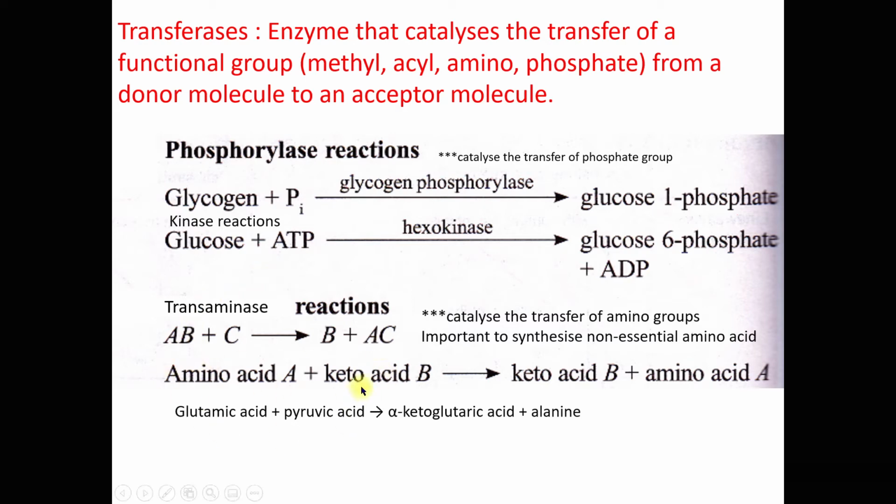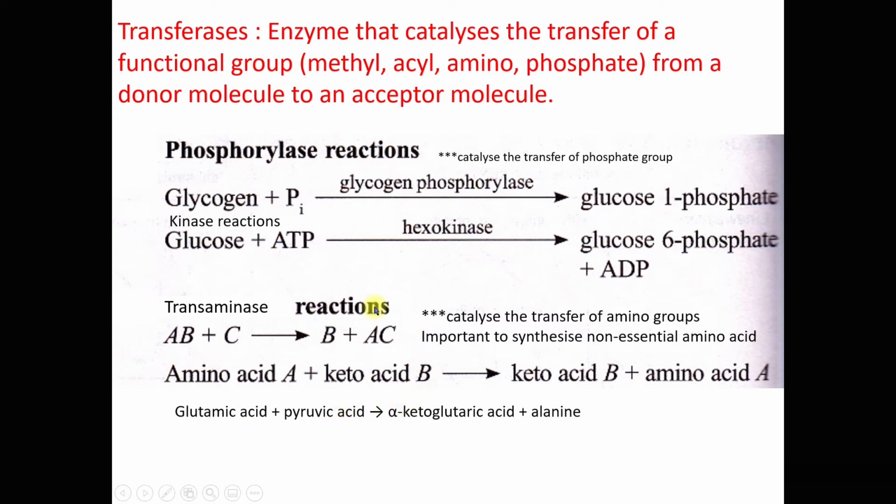Example here is transaminase catalyzes the formation of alpha ketoglutaric acid and alanine from glutamic acid and pyruvic acid.